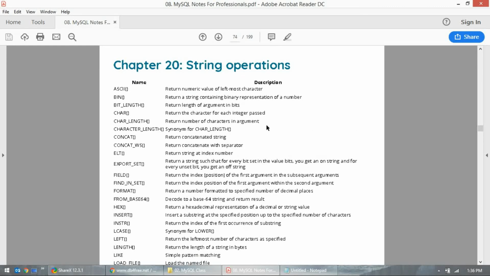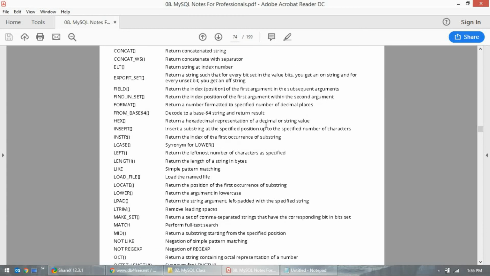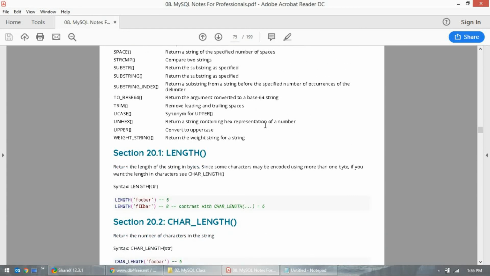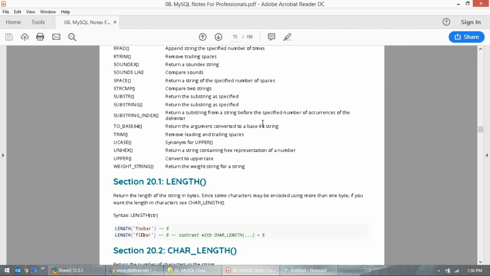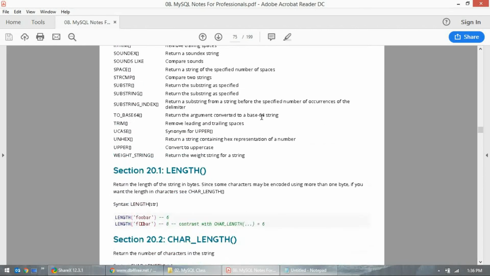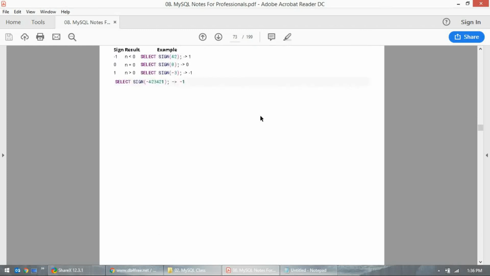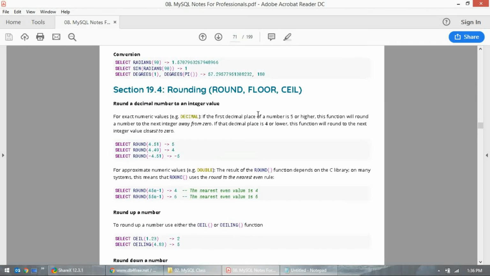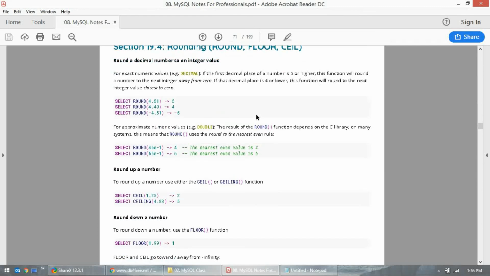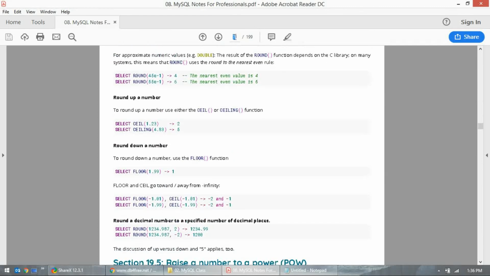So let's go to string operations. There is a lot of theory here and a lot of functions. We'll go into it, and for now we'll just finish this class. If you have any questions, of course, you might have plenty because we are on page 71. That's almost half of the class.